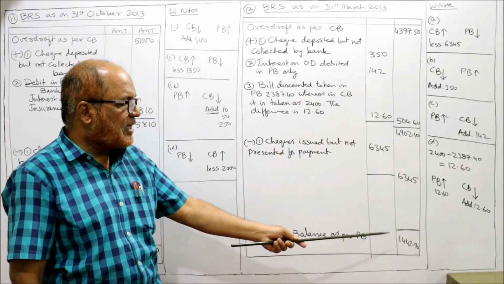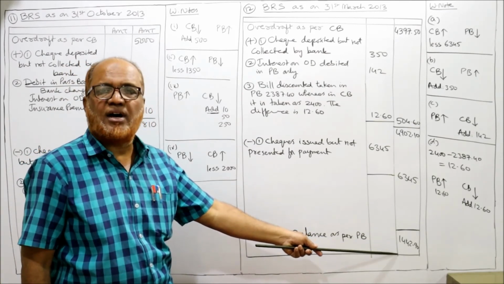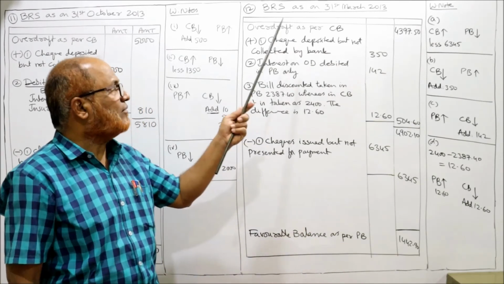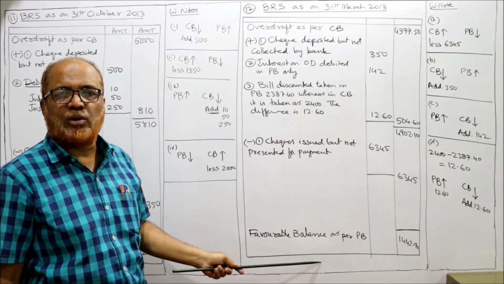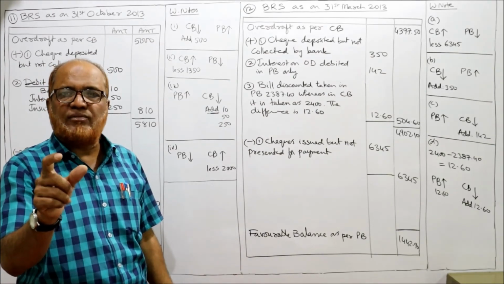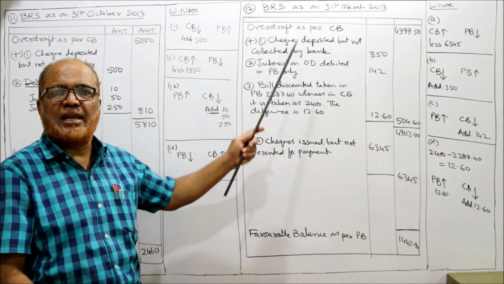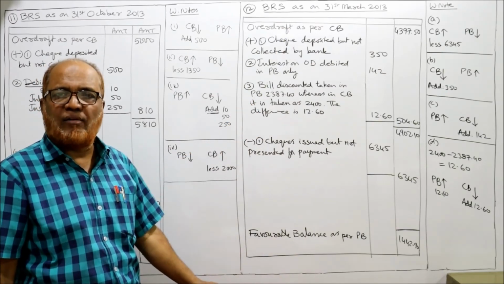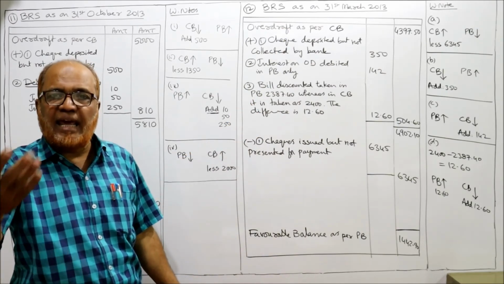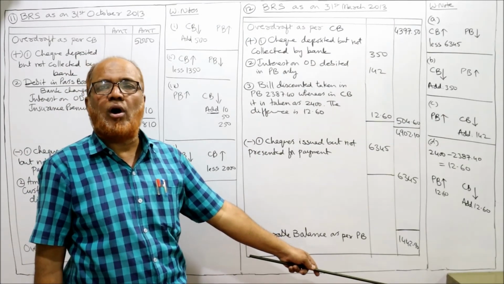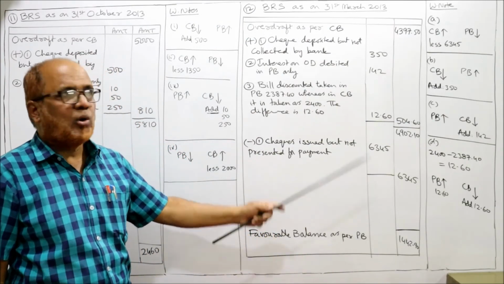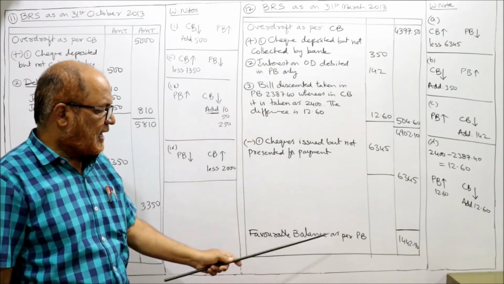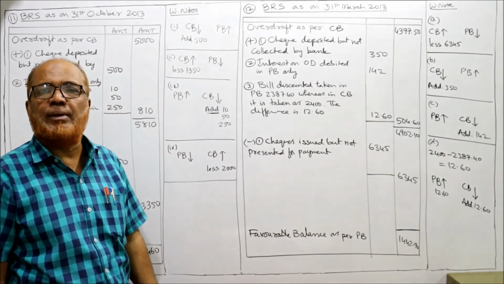If it does not come negative, if positive comes, then we would have written overdraft as per passbook. If the same sign, positive, comes, same balance: overdraft beginning, overdraft ending. If we are getting negative closing balance, we make it opposite. Overdraft was the starting point, ending point will be favorable balance.